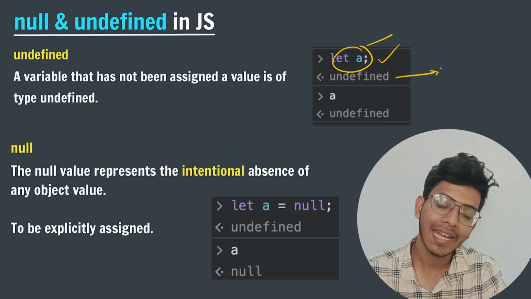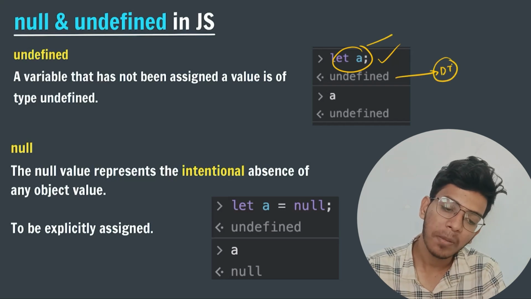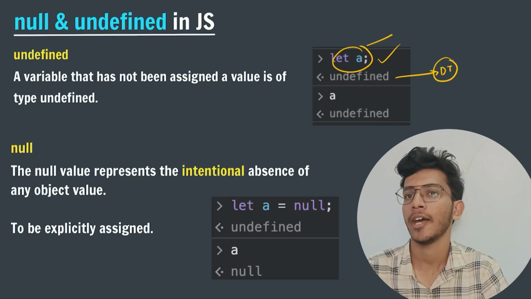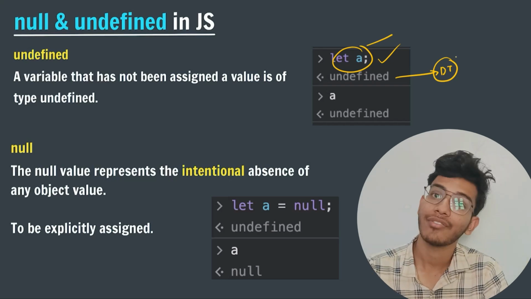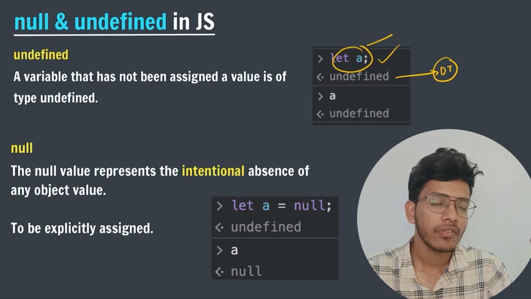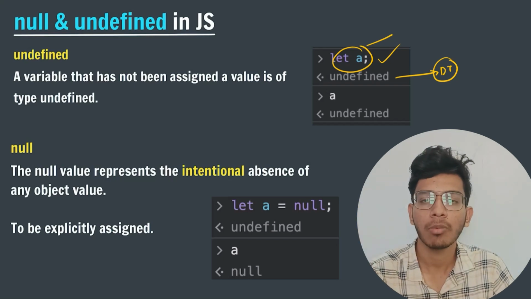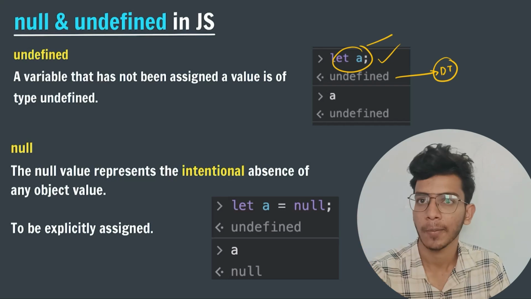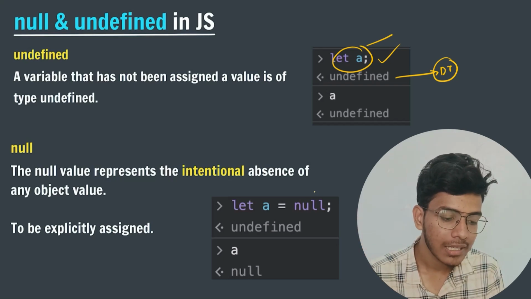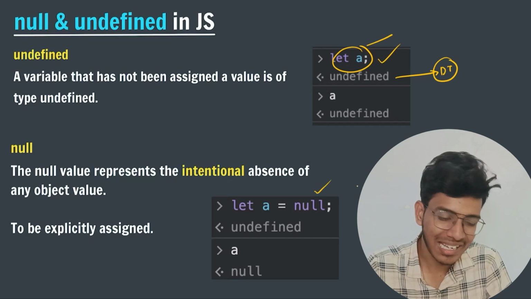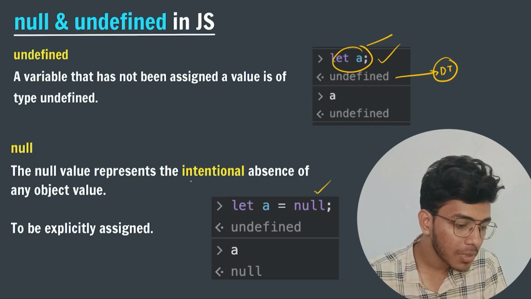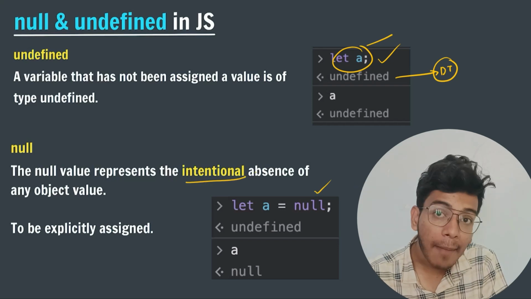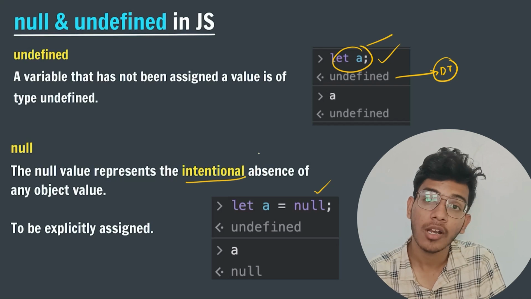It means that the data type of that particular variable is not yet defined. That is known as undefined. Whereas null, if I am giving nothing to a variable, if I am not going to store anything, then instead of let a equals 10, I write a equals null, and it represents the intentional absence of a value in a variable.